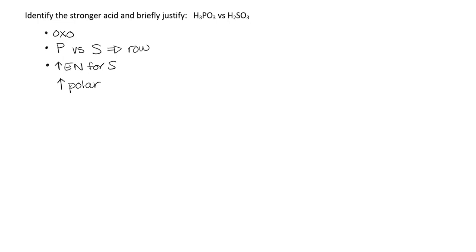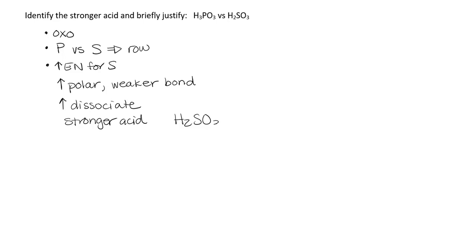And because that bond is more polar, it means that it is weaker. So that weaker bond means that it is easier for that H+ to dissociate, and a greater extent of dissociation means that we have a stronger acid. So the stronger acid in this example is sulfurous acid.